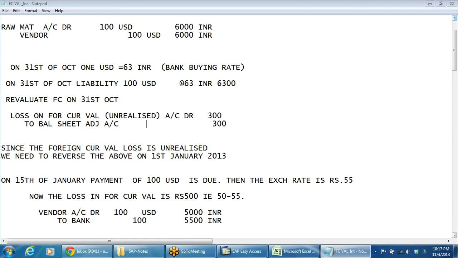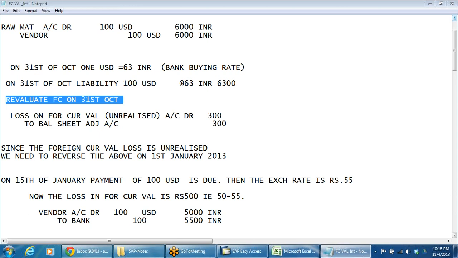I need to take it in the balance sheet on 31st of October, because on 31st of October I'm going to prepare my balance sheet and P&L account. At that time I need to show my shareholders my liability towards foreign exchange, that loss or gain, if anything is there, in my books of accounts.